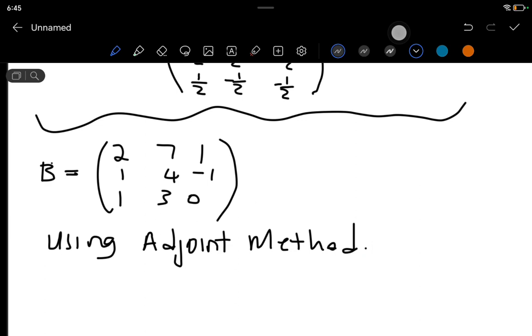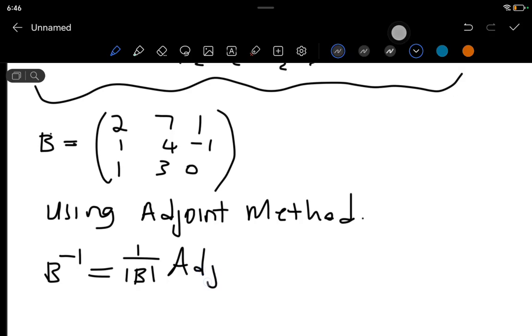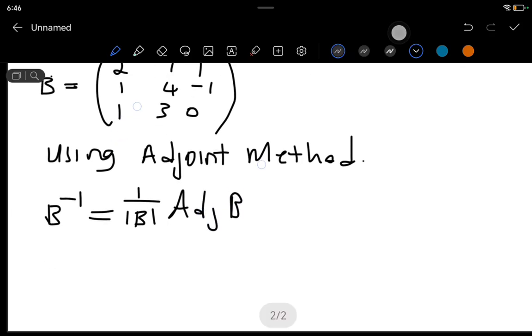So using the adjoint method, the formula is like this. If I want to find the inverse of B, it means that I need the determinant of B. Obviously, I already know the determinant of B here will be 2. You see right now, so you can still check it anyhow. Also I need the adjoint of B. How do I find the adjoint of B?